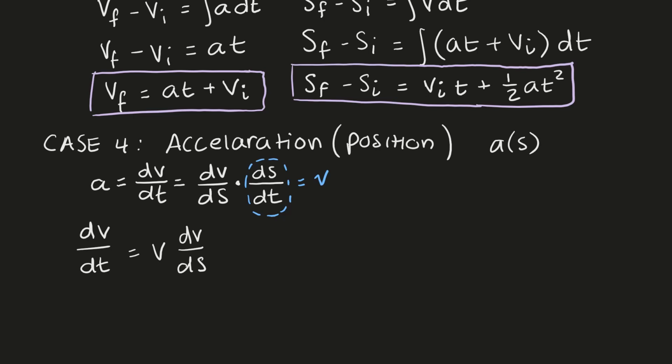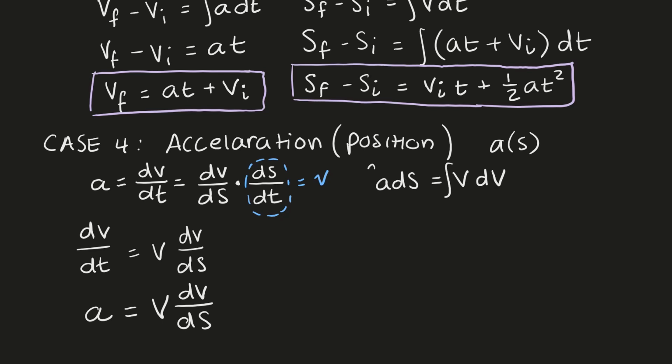But this does propose some pretty cool stuff. And we just said up here that dv/dt equals a. So now I can say that a equals v dv/ds. So if we multiply that ds over, we get a ds equals v dv.